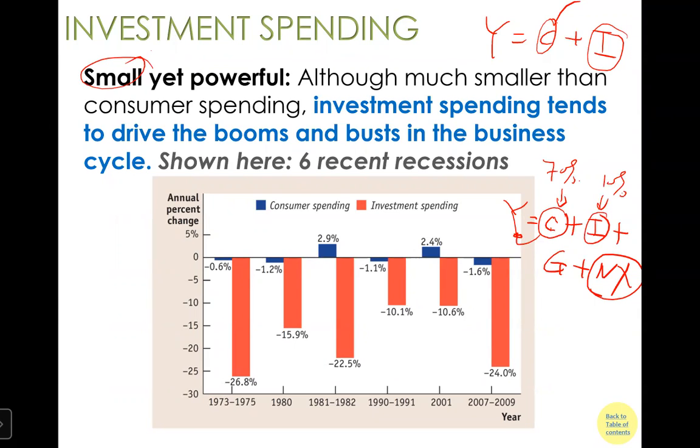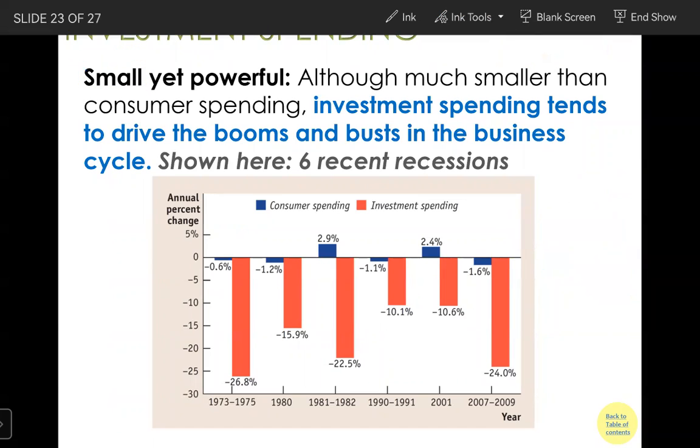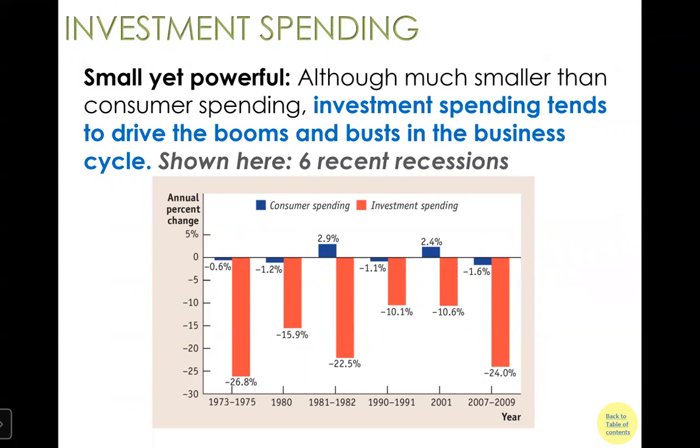So in that sense, investment spending is small. It is small, but that doesn't mean it's not important. Actually, it is a powerful and important factor that determines our total GDP. The way we understand that is just to look at the change.